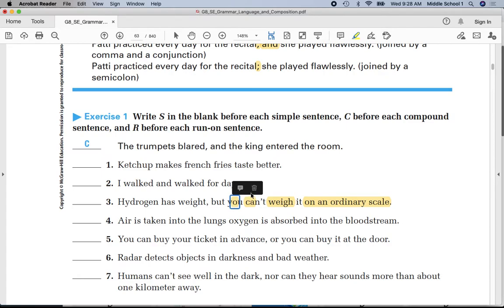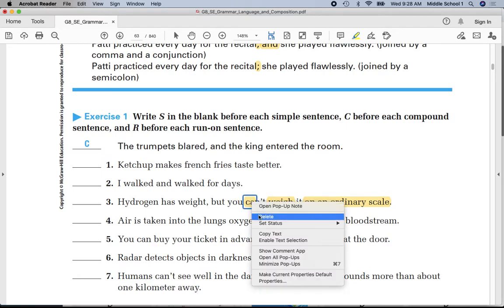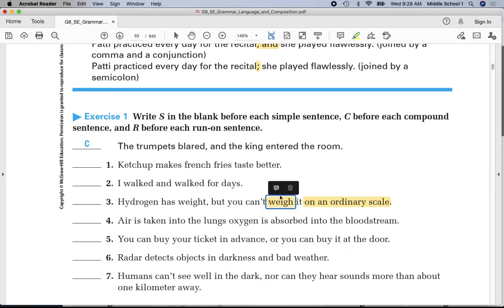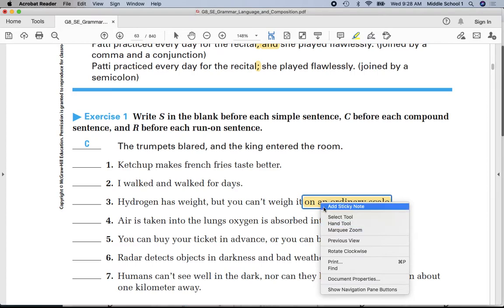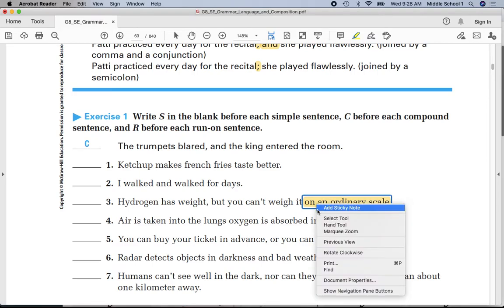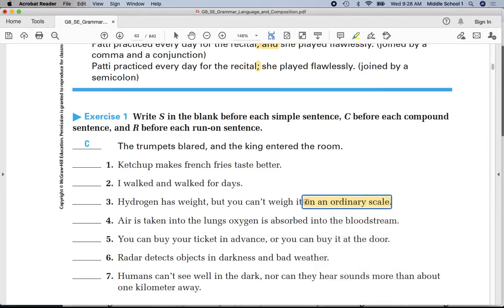Underline the second simple subject once. Underline the second simple predicate twice. And put parentheses around the prepositional phrase. On the blank, I put the letter C because it's compound.